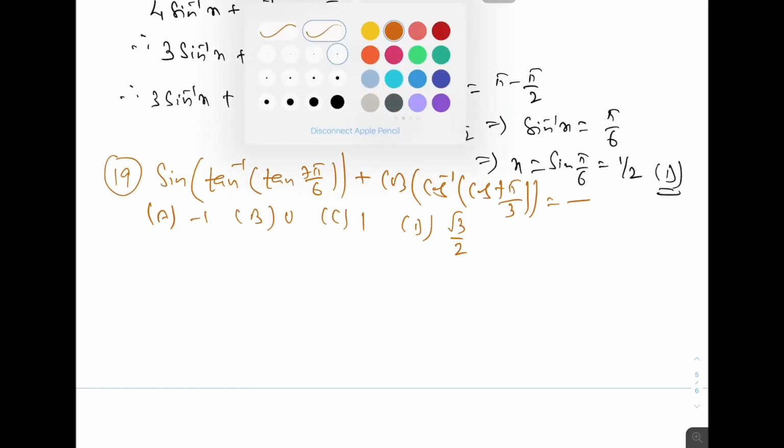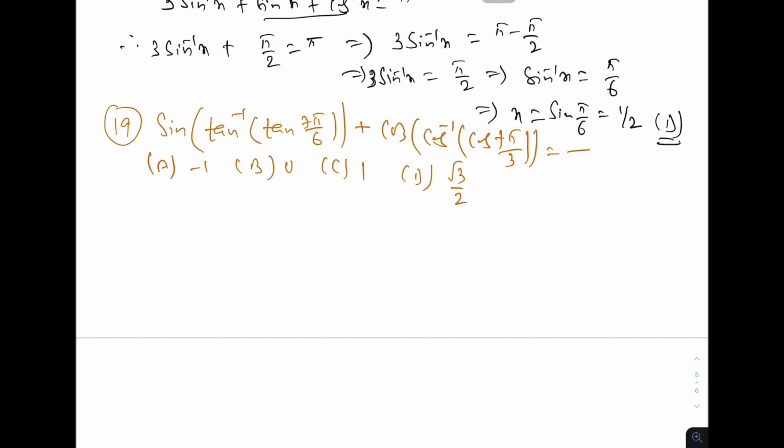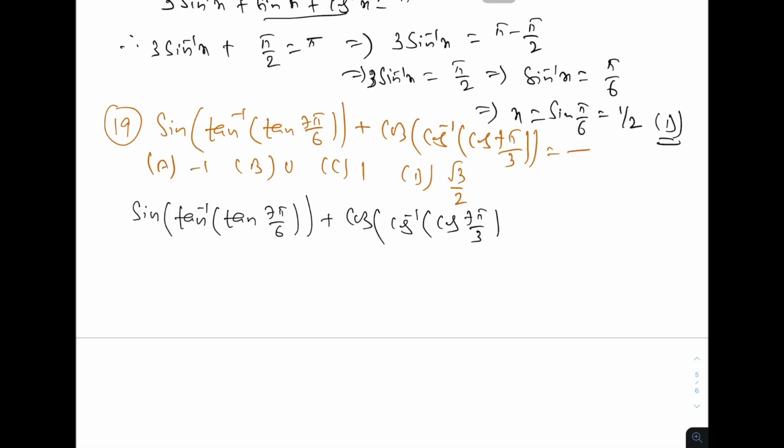So, it is not difficult. Sine of tan inverse tan 7 pi by 6 plus cosine of cosine inverse cosine 7 pi by 3.